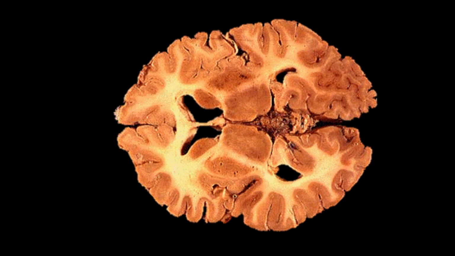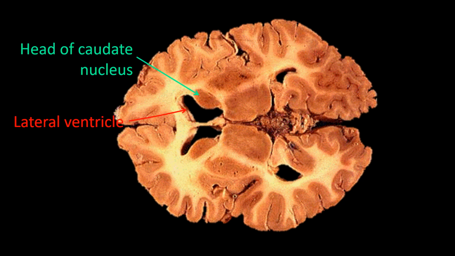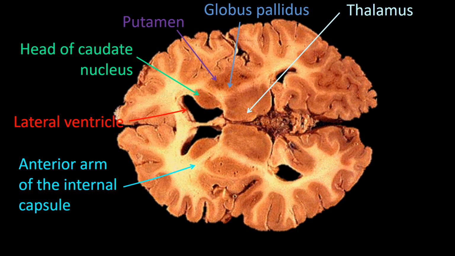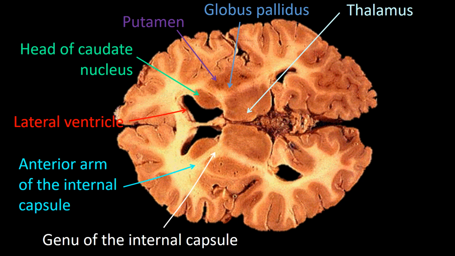In it, we would be able to identify the lateral ventricle, head of the caudate nucleus, putamen, globus pallidus, and the thalamus. We will also see the anterior arm of the internal capsule, the genu of the internal capsule, and the posterior arm of the internal capsule.